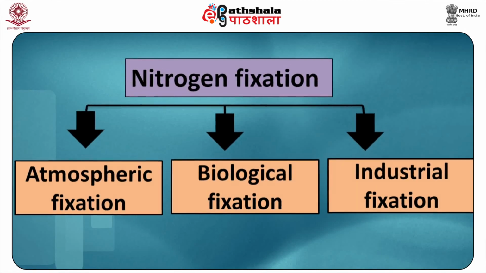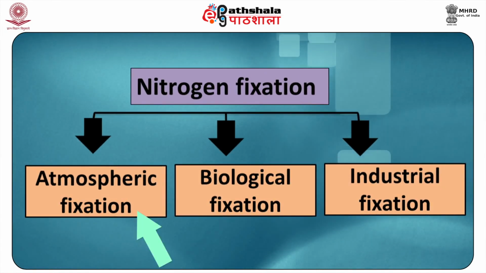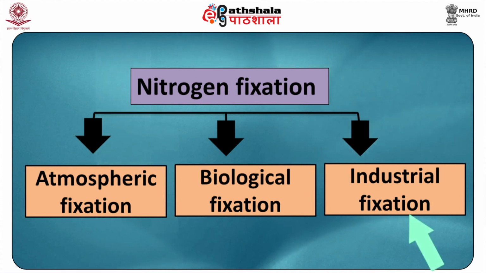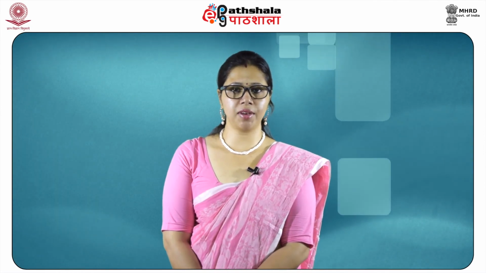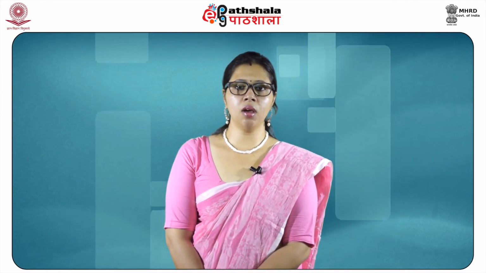There are three types of fixation processes: atmospheric fixation, biological fixation, and industrial fixation. Let us have a look at them one by one. Atmospheric fixation. It occurs when lightning strikes and converts the molecular nitrogen and oxygen to nitrogen oxides. These nitrogenous compounds are then washed down to the soil by rainfall.